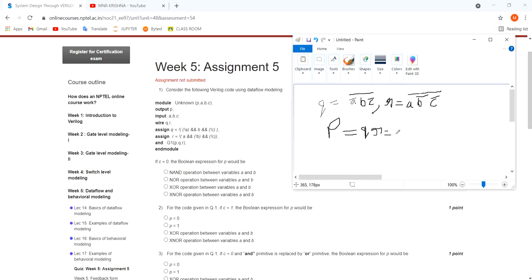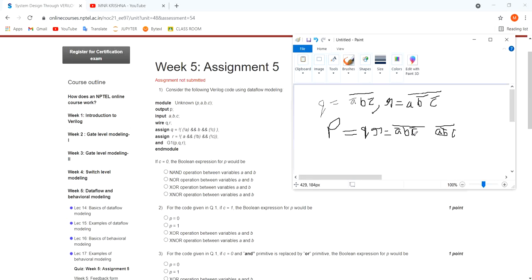So A bar B C bar whole bar with A B bar C bar whole bar. Here in this code C is equal to 0, then C is equal to 0 for the first NAND gate also.